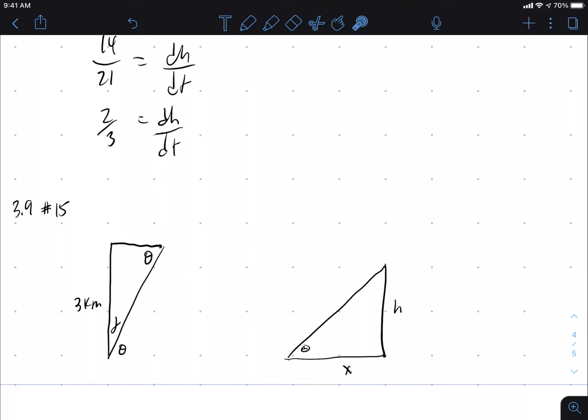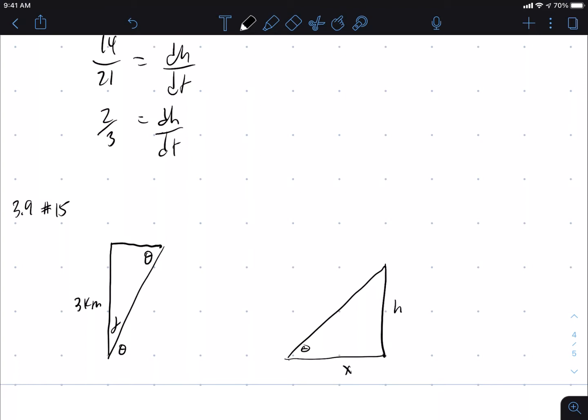It'll get bigger? If I'm out here, isn't this the angle? Oh yeah, it would get smaller. So we should see an angle that is decreasing as we go. And the problem even says the angle is decreasing at some rate.